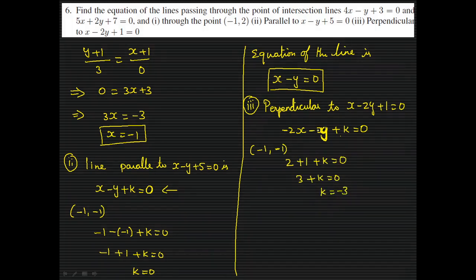Substitute this value in the equation. Therefore, the equation of the line is minus 2x minus y minus 3 equal to 0. Multiply this equation by minus 1, and you will be getting 2x plus y plus 3 is equal to 0. So this is the answer for the third subdivision. Clear? Thank you.